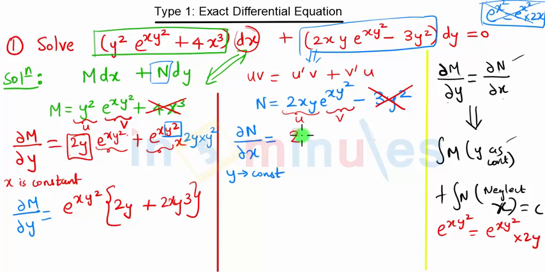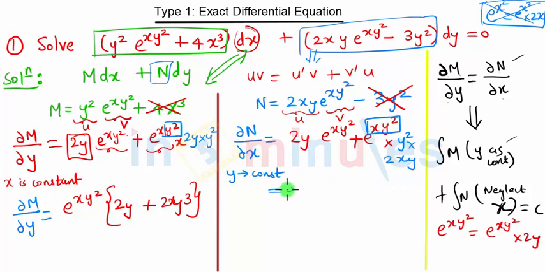The derivative will be 2y and this part will remain as it is. Now we have to take the derivative of v, that is e^(xy square), whose derivative is nothing but e^(x y square) into the derivative of this part. So when y is constant, the derivative of x is 1 and the constant will remain as it is, and this u will be as it is, so 2xy. So this is our derivative of N.